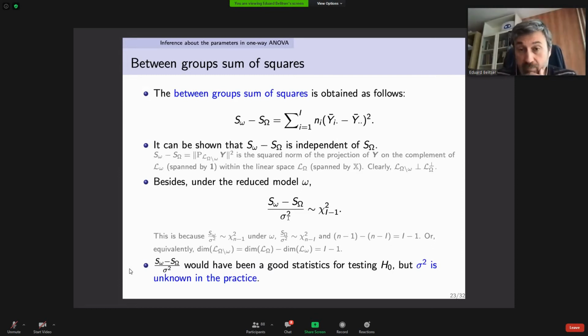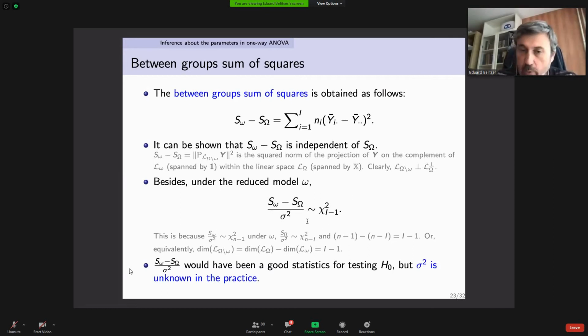Actually, that's the only thing you could do if you don't want to use sigma squared: substitute it with an estimator. And once you do that, of course, this distribution changes. Remember, it used to be normal, and then you divide by S, the sample standard deviation, and it goes to the T distribution. The same happens here.